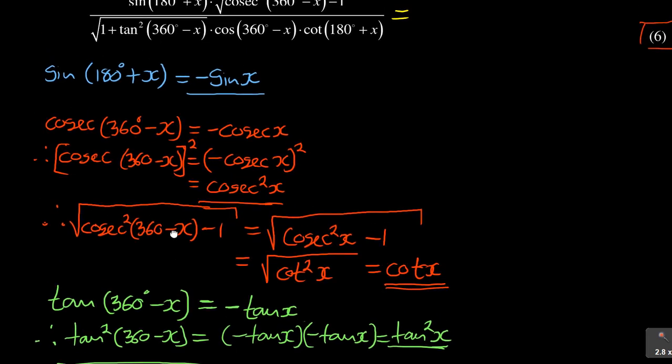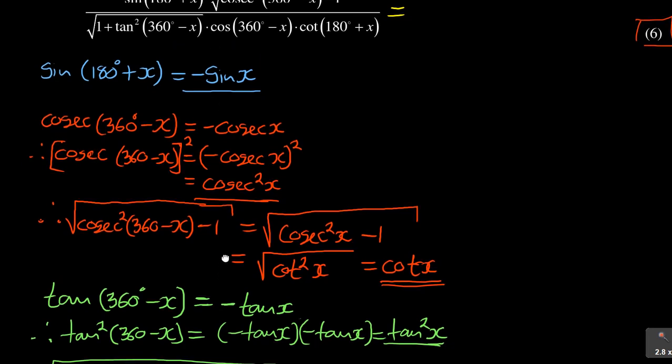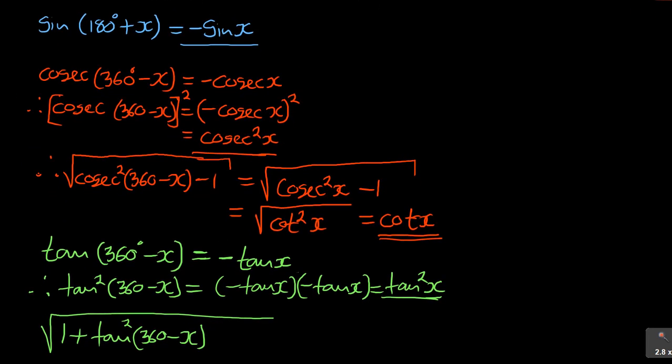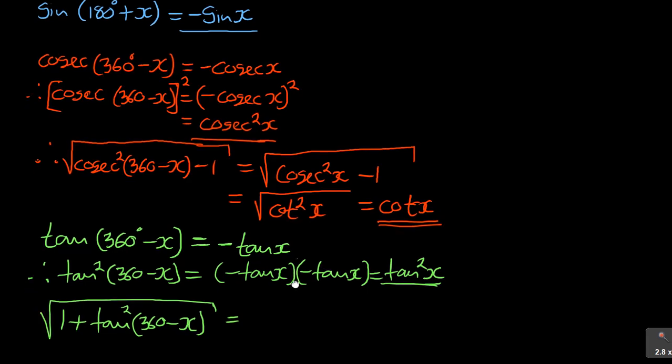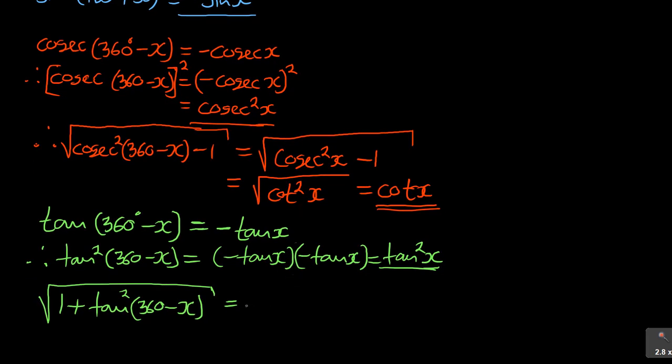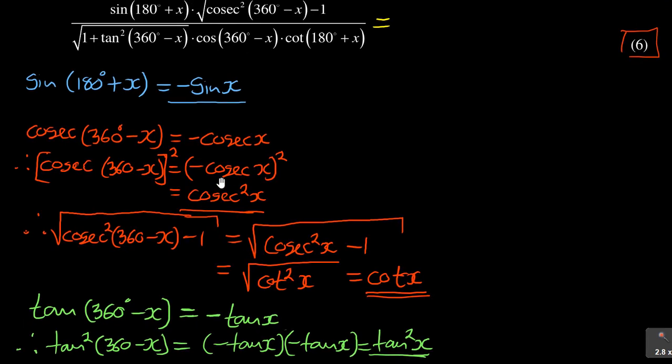In this case, because there's an addition sign, the square root only simplifies to that, and then you can conclude and say this is the same as saying square root of tan squared x, and again like previously, square root and the square will give you your tan x. So this is also how that simplifies. We move on to the other part. There we have cos 360 minus x.